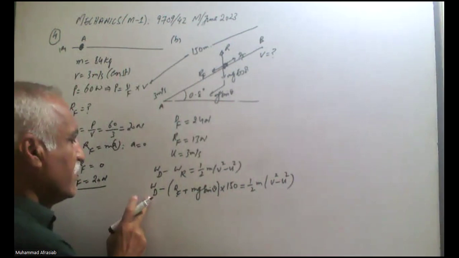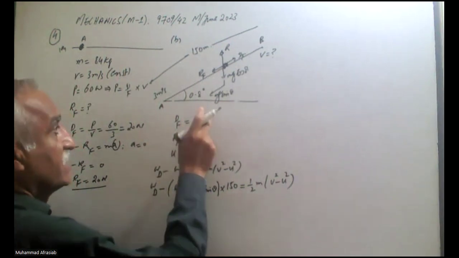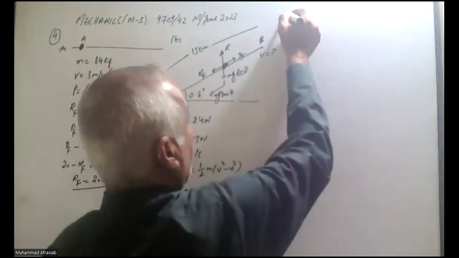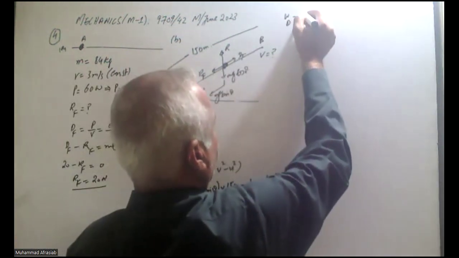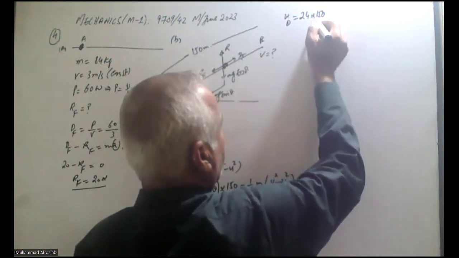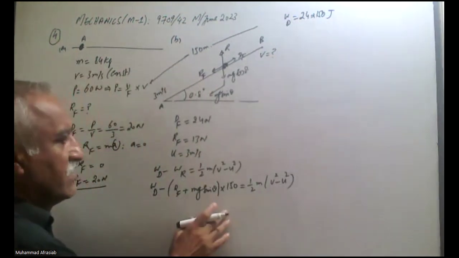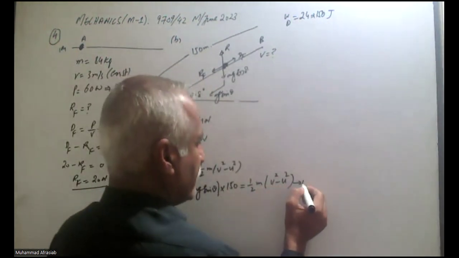So now work done by driving force is basically equal to 24 into 150. So we can put all this into this equation number 1.